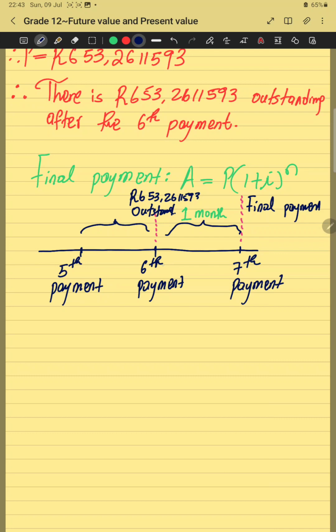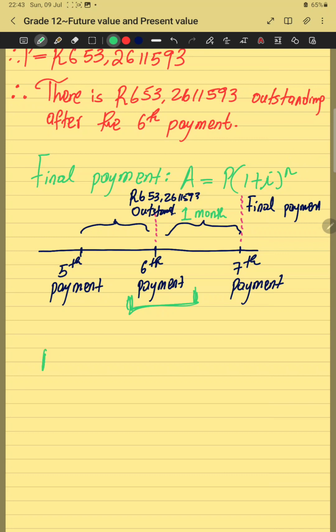So now after the 6, we want to add that 1 month. So these are the payments from the start up to this one here. Now if you want to add just 1 month interest, then in the place of n over here, we're going to put 1 because it's just 1 month interest.